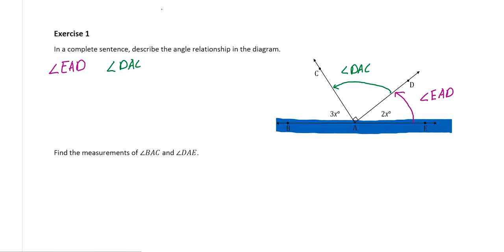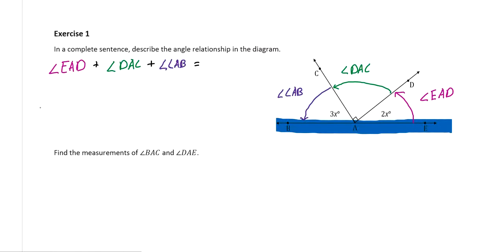Then from there I have angle CAB. All those are angles on a line.